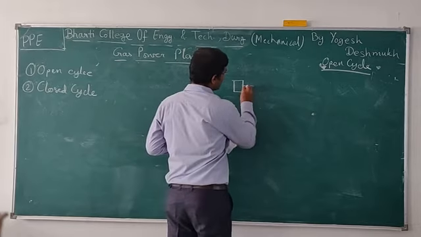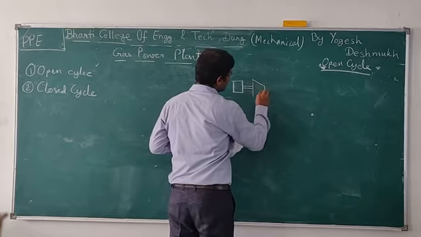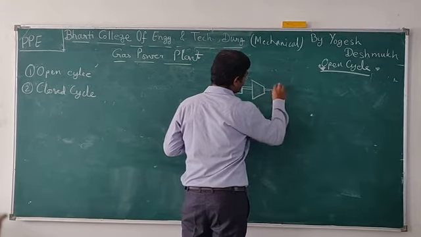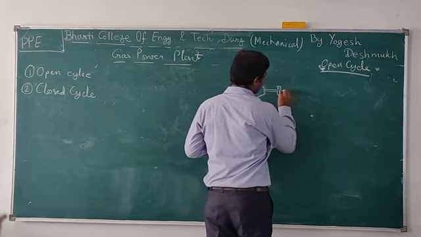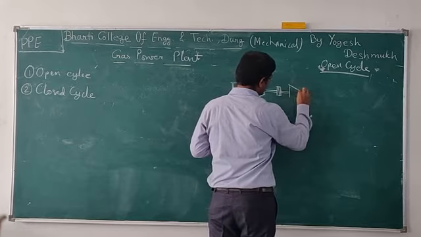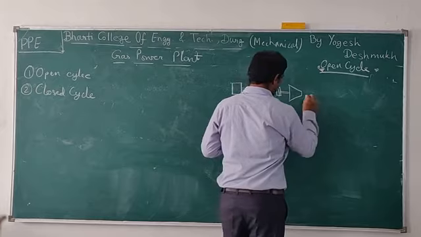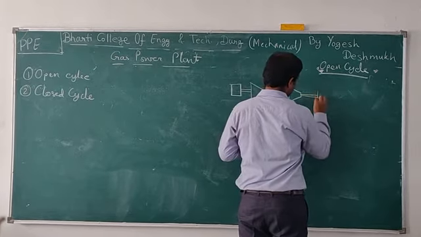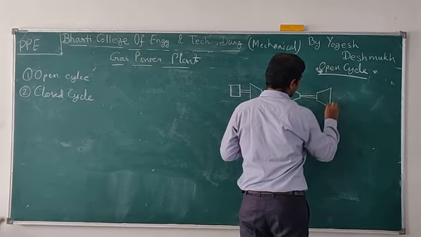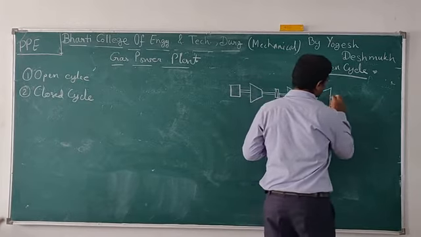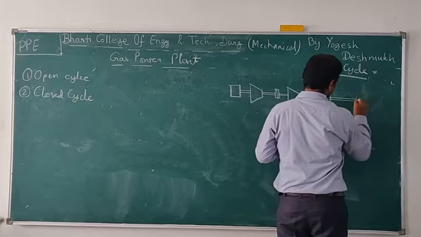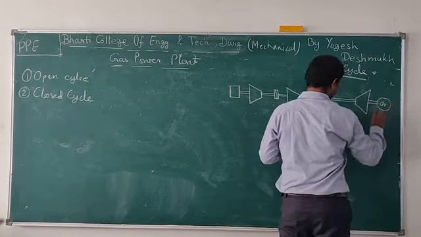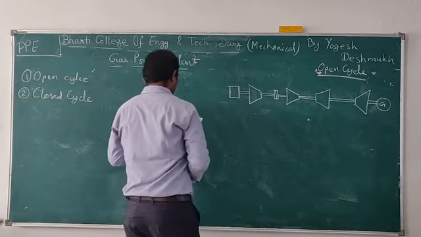This motor is connected to the low pressure compressor, which is coupled with the high pressure compressor, which is coupled to the high pressure turbine, and this is coupled to the low pressure turbine, which is coupled to the generator.